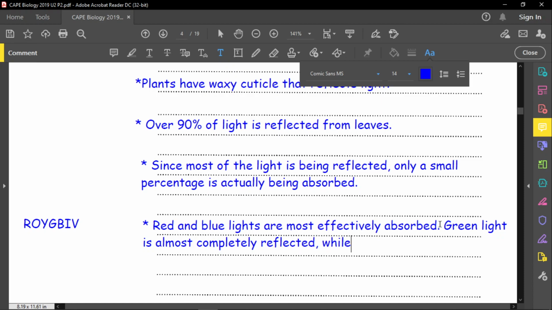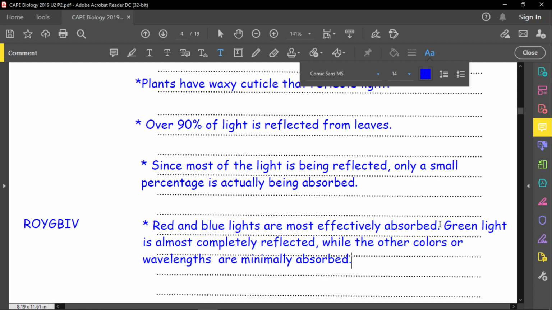While all the other colors or wavelengths are minimally absorbed.